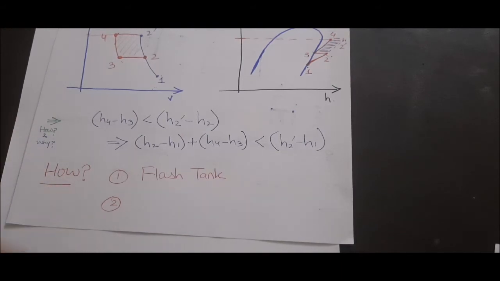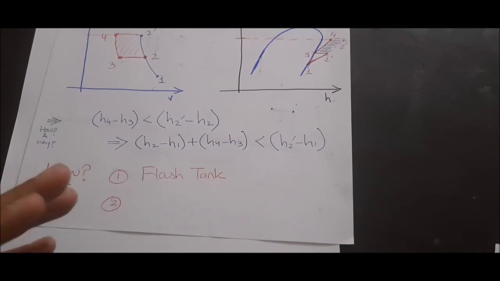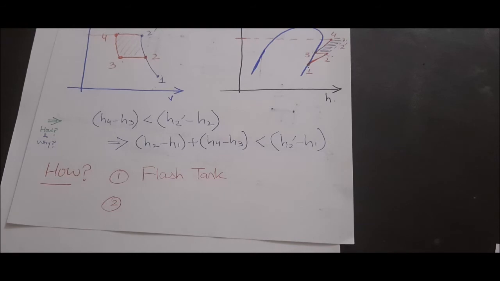When there is an expansion process, some of the liquid actually converts into gas, and then we remove that gas in a flash tank. And the same flash tank can also be used for the intercooling purpose. How? We are going to see that in a while.